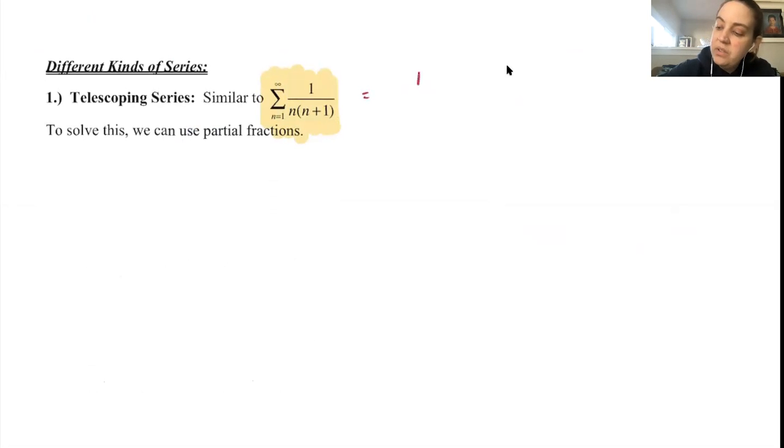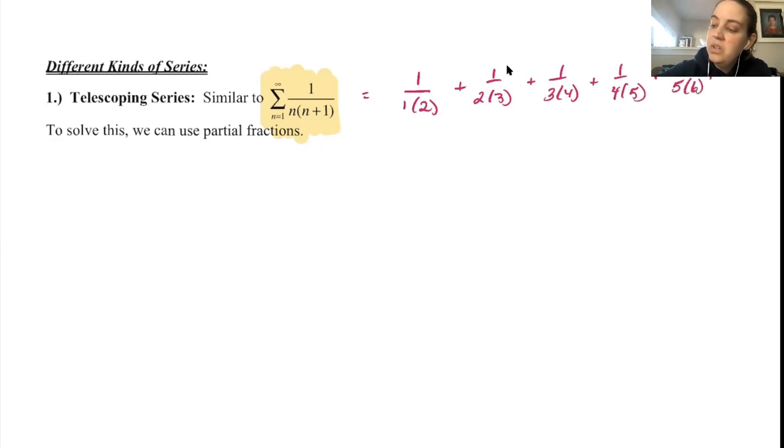So n is 1, so this would be 1/1 times 2, plus 1/2 times 3, plus 1/3 times 4, plus 1/4 times 5, plus 1/5 times 6. So you can kind of see what's going on here. So I've got 1/2 plus 1/6 plus 1/12 plus 1/20 plus 1/30. And those would continue to get smaller and smaller and smaller.